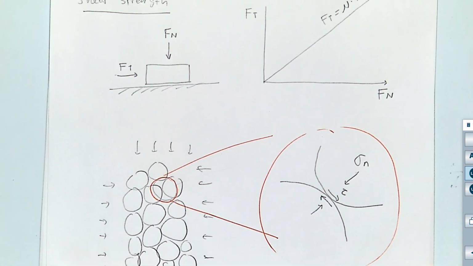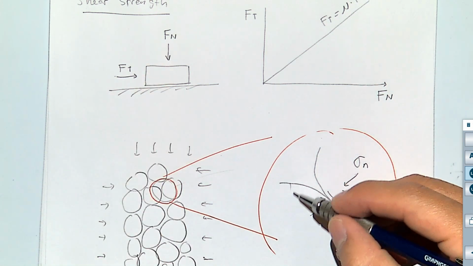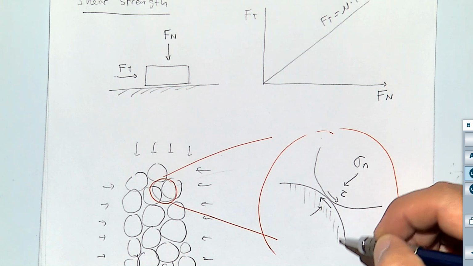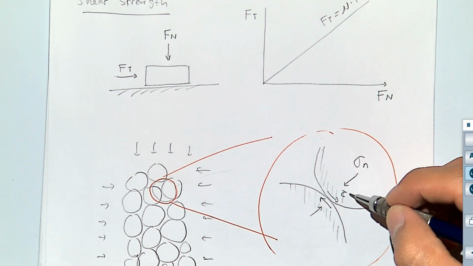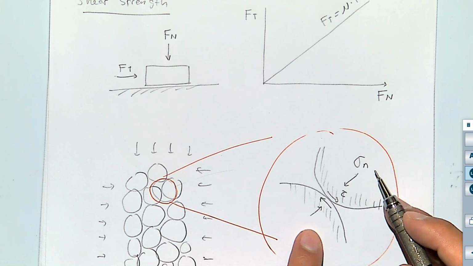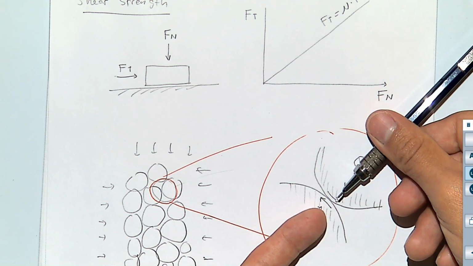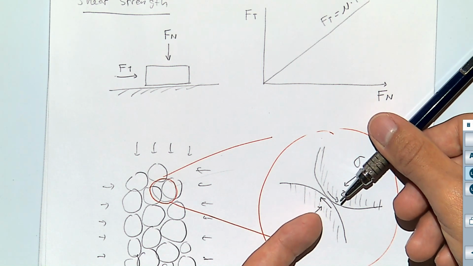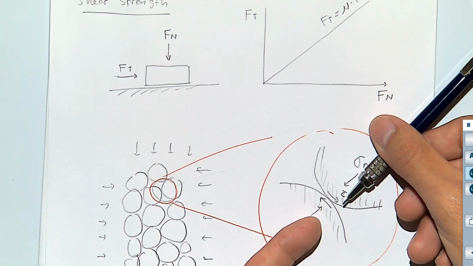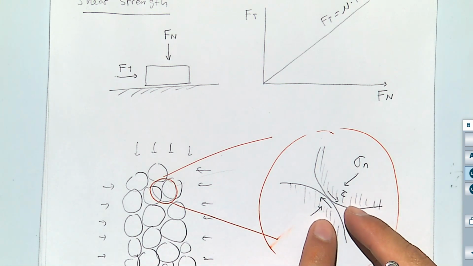So it is exactly the same idea as here, where this is a grain surface and this is another grain surface. The more effective normal stress I have applied on this, the more difficult it's going to be for these grains to move relative to each other, because you have a friction force between the grains.